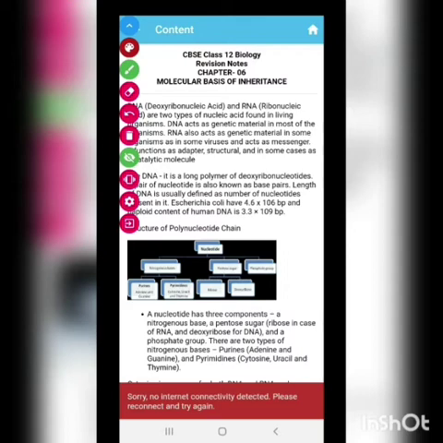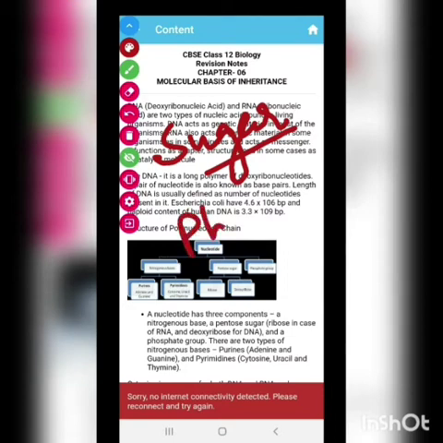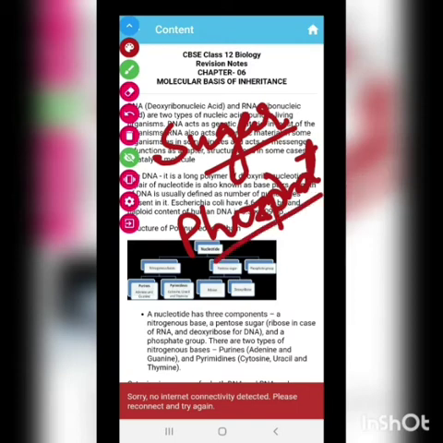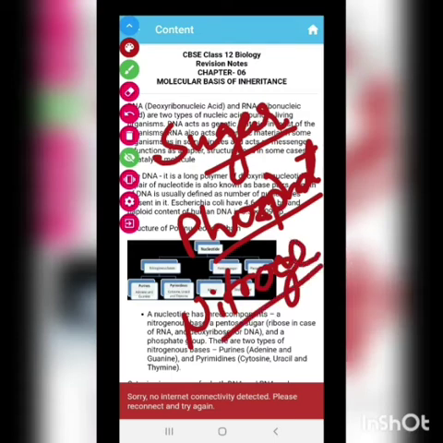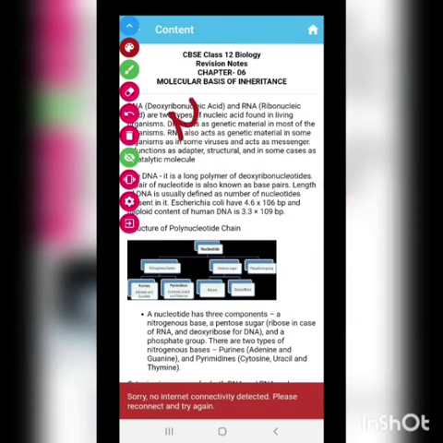So DNA is made up of, first of all, I told you already, one sugar, that is deoxyribose sugar, 5 carbon sugar, one phosphate is present, that is why it is known as acid, and nitrogenous bases are present. These nitrogenous bases are of two types. Number one is purine. Number second is pyrimidine.